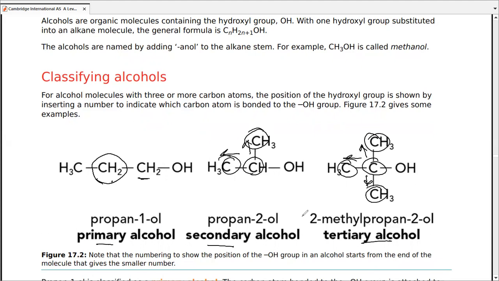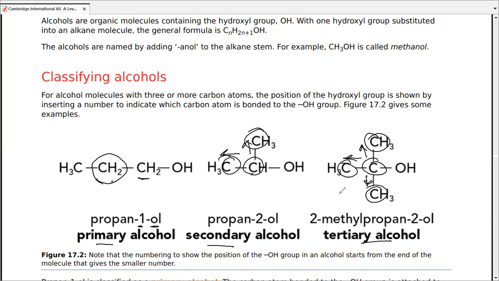Now, the naming is done in the same way as we practiced before. So I think this should be easier for you. However, there is a small change over here. You see that the numbering comes before the ol part, since OH can be attached anywhere in the chain, since it doesn't exactly have to be a terminal carbon. So that's why the numbering comes before the ol part.